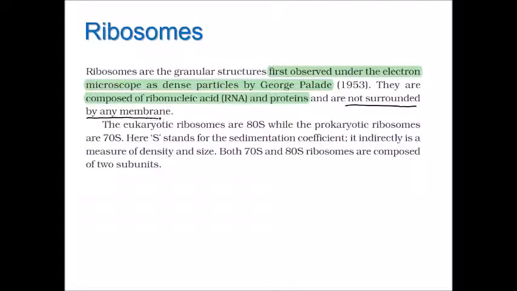So ribosomes are very, very small structures. We usually use the term particles. These are dense particles, and these can be observed only with the help of an electron microscope because of their very small size. They were first observed by a scientist named George Palade in 1953.